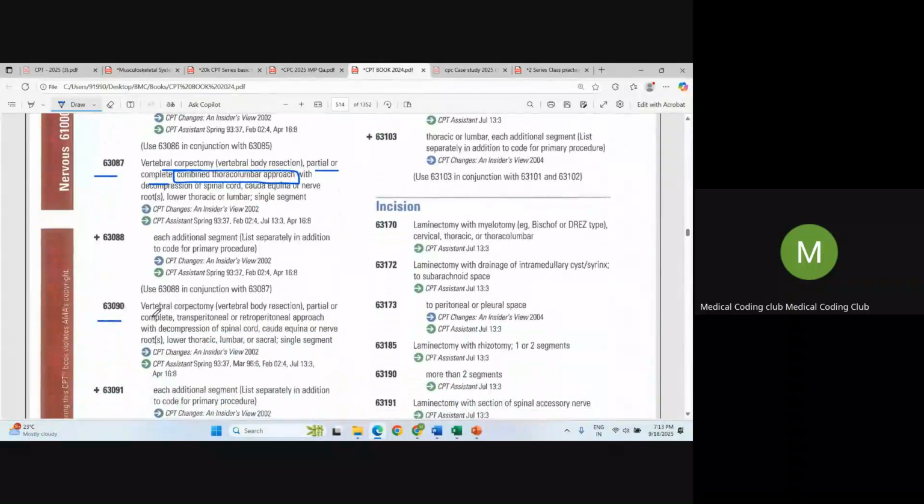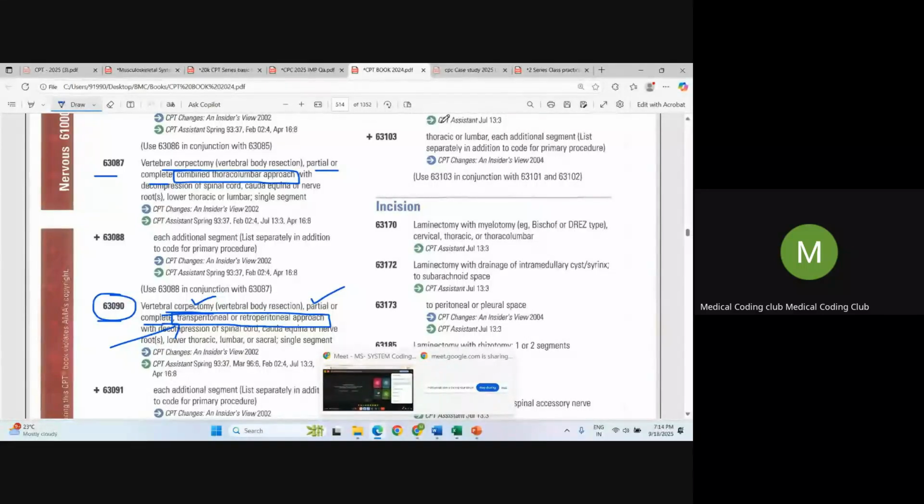Next, 63090, vertebral carpectomy, partial or complete, transperitoneal or retroperitoneal approach. Okay, so you got transperitoneal approach, and here we have the carpectomy partial. So the decompression code is 63090.